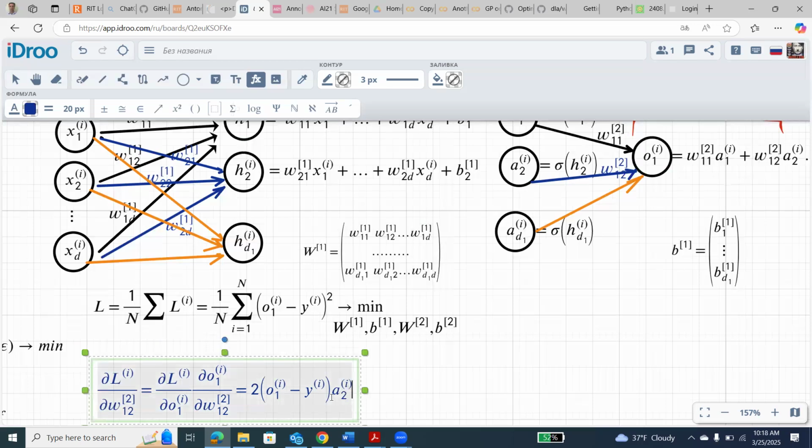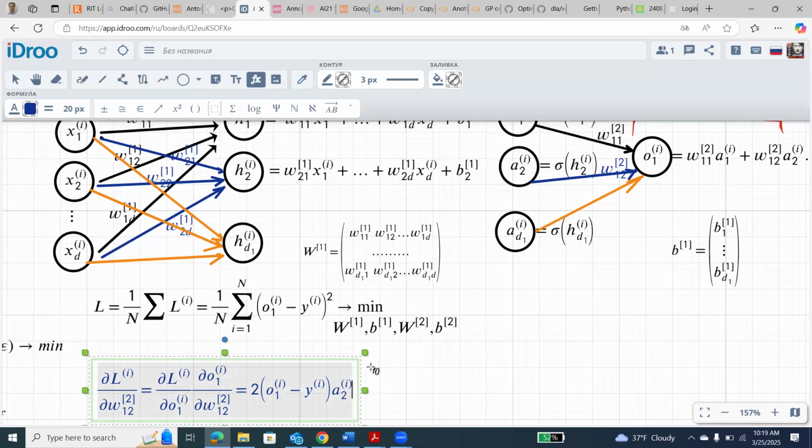Well, if you want to substitute, what is that A2? A2 is the sigmoid of H2. But I don't ask you to write this explicitly for all the x's. So we can leave this just as A2.